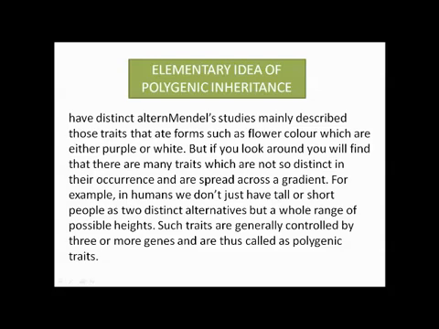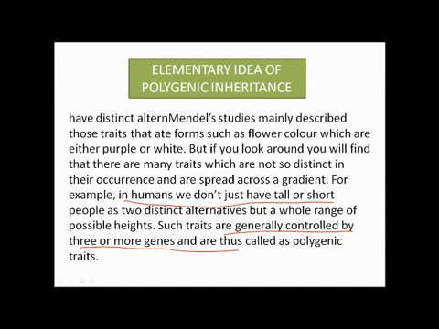For example, in humans, we don't just have tall or short people as two distinct alternatives, but a whole range of possible heights. Such traits are generally controlled by 3 or more genes, and thus are called polygenic traits.